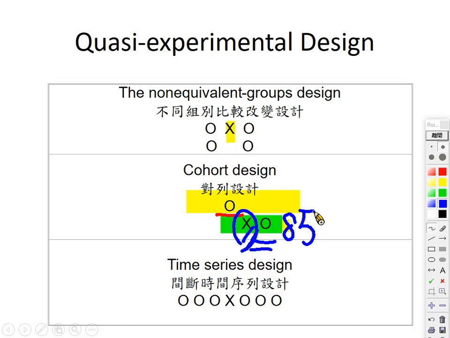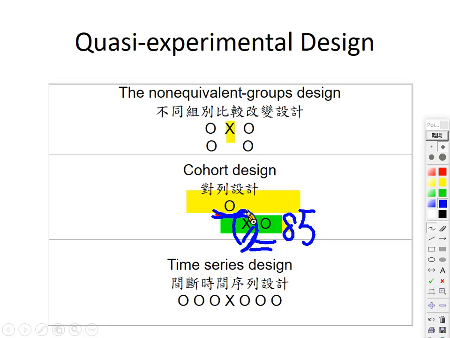As you already understand, I need to have a control group so I can compare the meaning of the 85, right? So who can become the control group? Well, the students in last year, in the same class. Can we use that? The students last year received the traditional, old way of teaching, right?